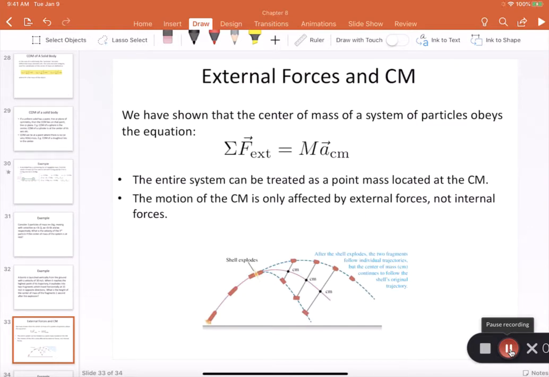Okay, so this equation at the beginning of this slide, we had just derived a little while ago, right? So let's once again consider what this equation is telling us.